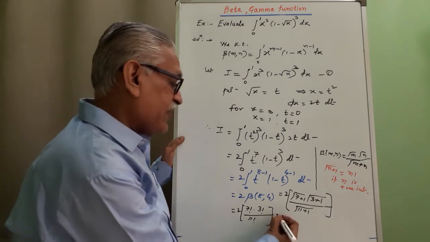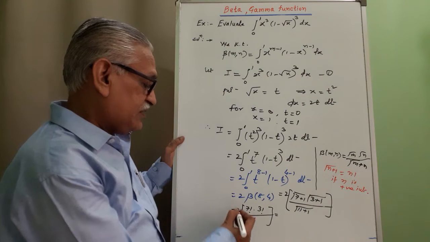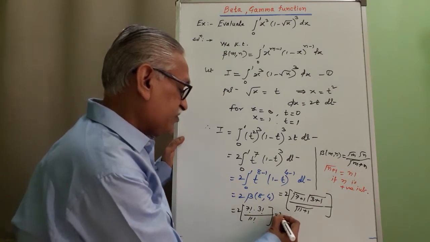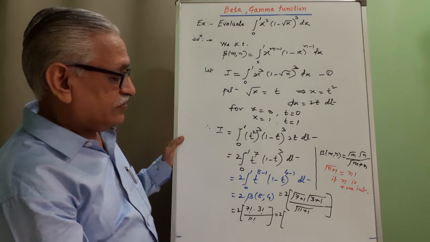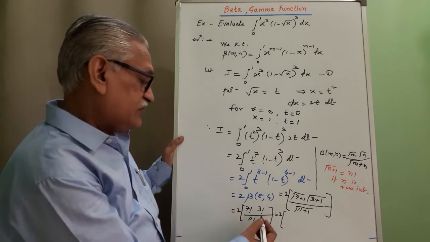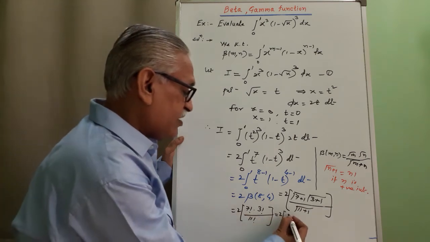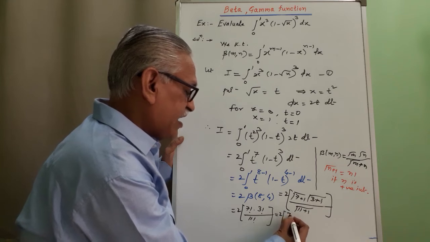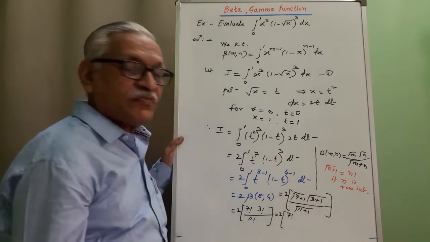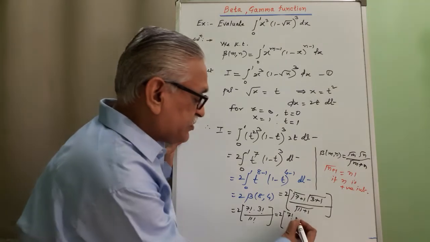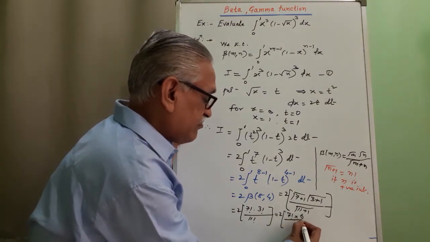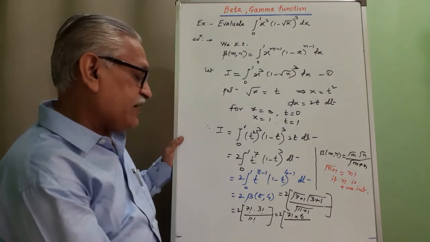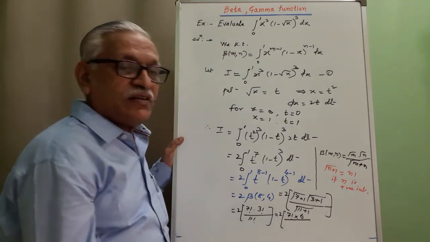Then we have to simplify it. I will keep that 2 as it is, no change. 7 factorial I will rewrite as it is. The value of 3 factorial is 6, and divided by 11 factorial.